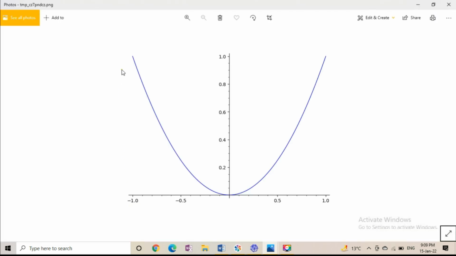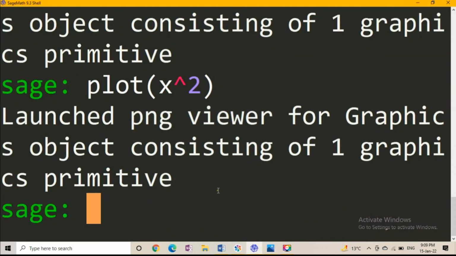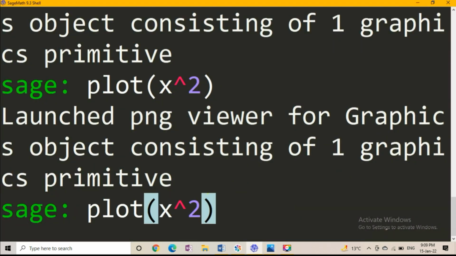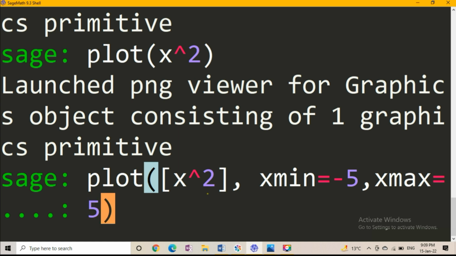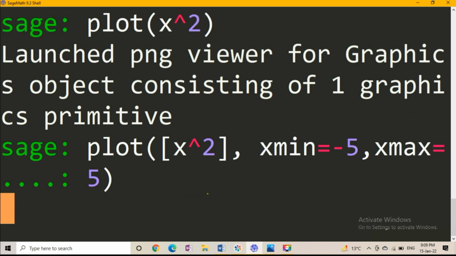Look at this, this is a parabolic graph, and again you see the default value of x is -1 to +1. Now we can change the value of x, so we put a parenthesis, x min is equal to -5, x max is equal to 5, and press enter.